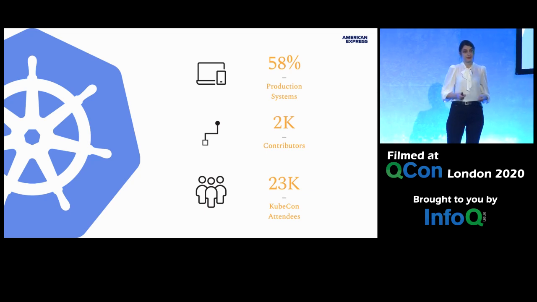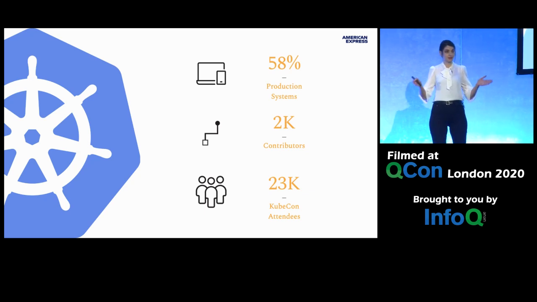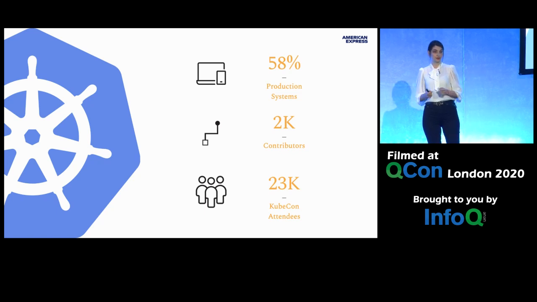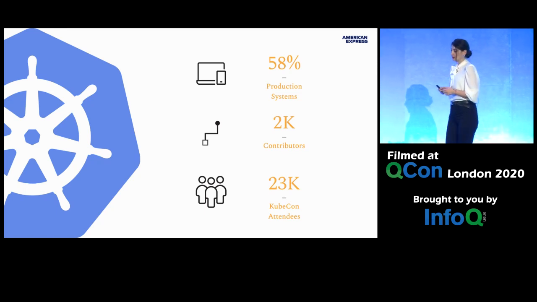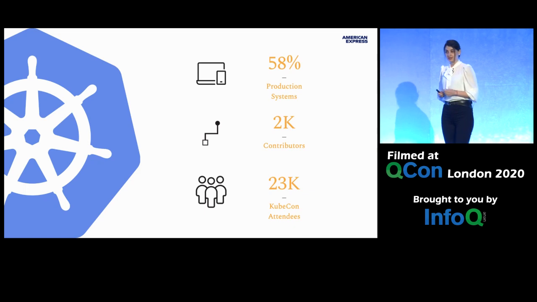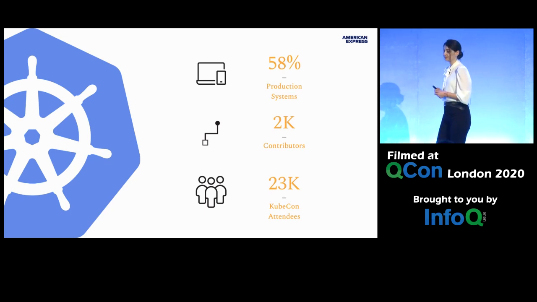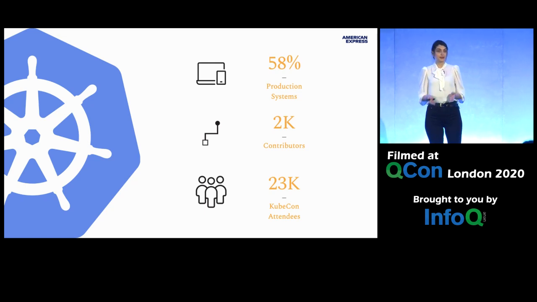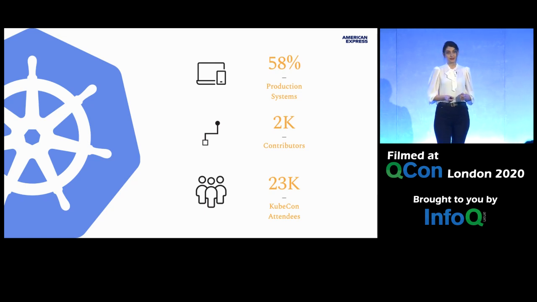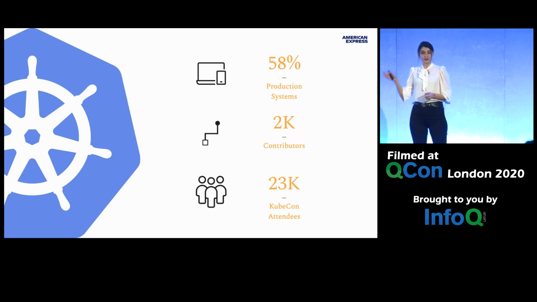Now, this is a very important milestone because it showcases the maturity and the high adoption rate for Kubernetes. When we move towards the development community, more than 2,000 engineers are actively contributing towards the feature build-out and bug fixing. And when we look into the end user community, more than 23,000 attendees were registered at the KubeCons around the world last year. Now, this is going to be KubeCon in Europe, China, and North America.